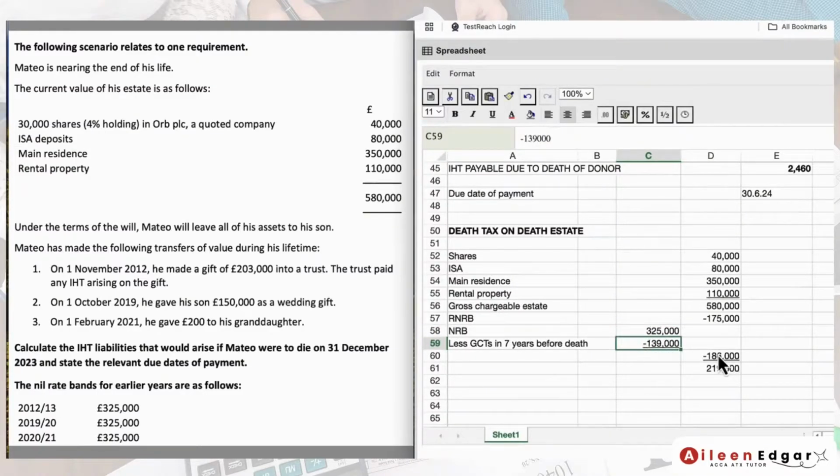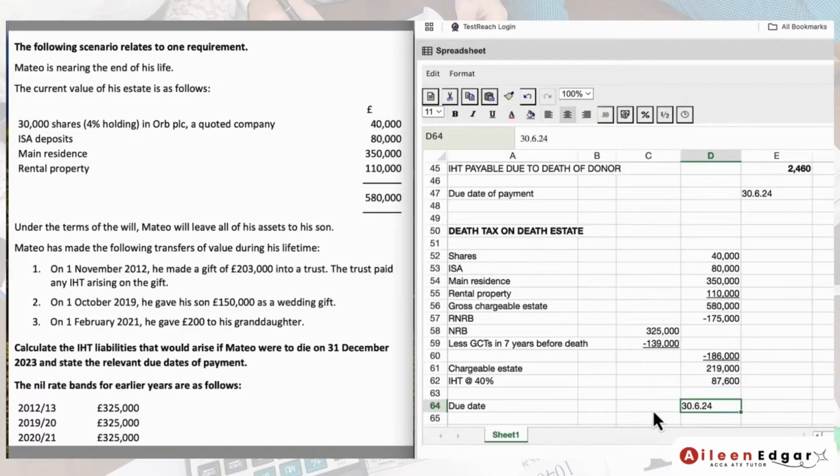That leaves us 186,000 nil rate band left, bringing the taxable amount of the estate down to 219,000. We tax it at the death tax rate of 40%, which gives us 87,600 tax due, same date, 30th of June 2024 for this one.